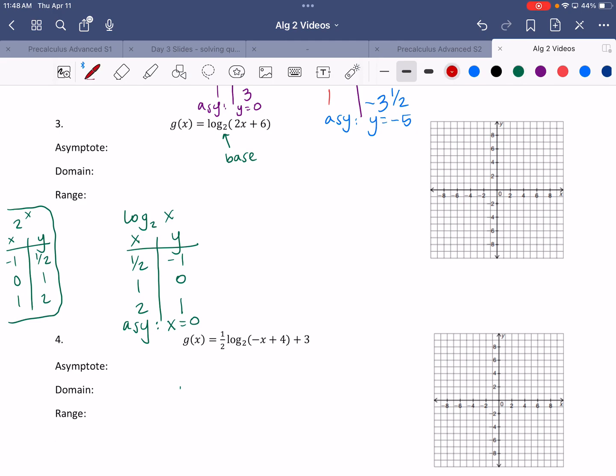Let's start horizontally. I see inside the parentheses, this whole thing is horizontal, and I do still have to factor. So 2 times x plus 3. It separates my dilation, which here that 2 is going to be a horizontal compression, from the translation, from the shift.